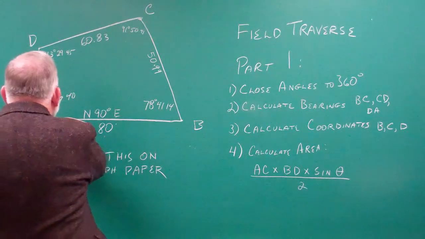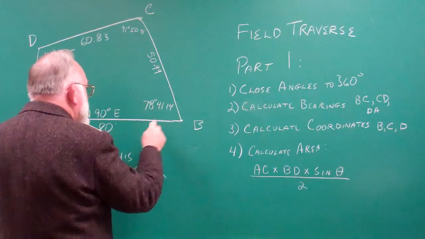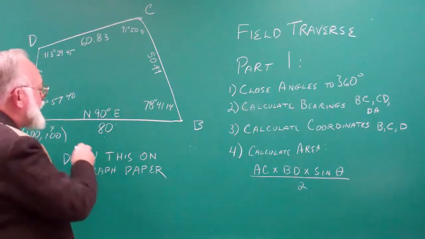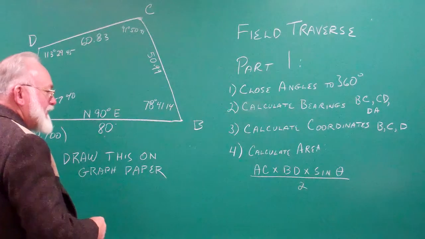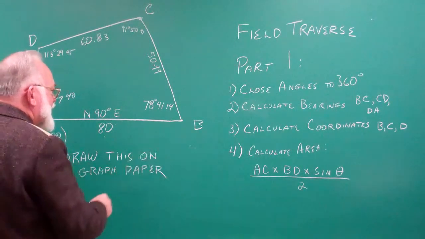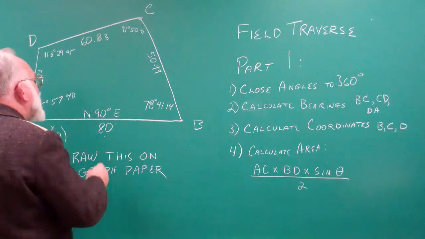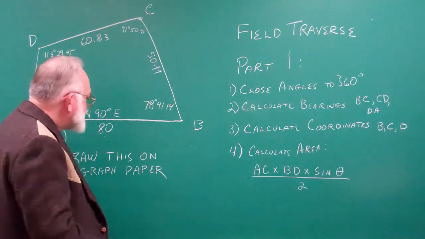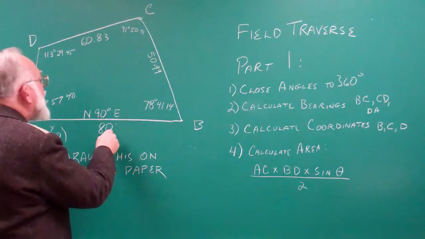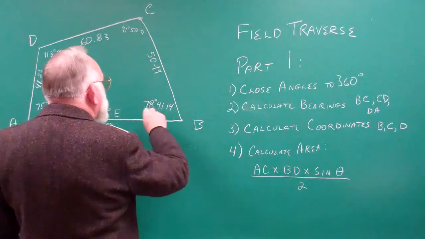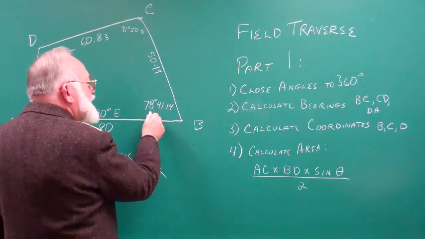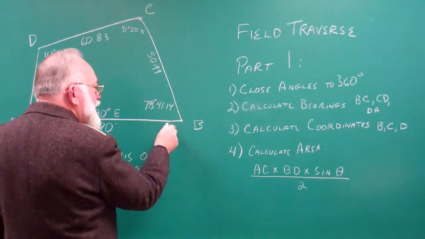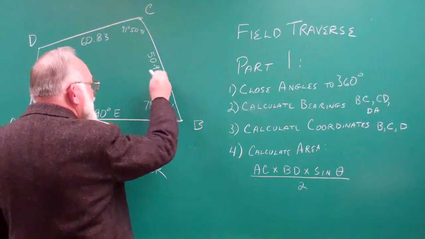So anyway, you've got this reference point, and you assign it due east because that's the bearing of the line that you're following out here, and you just call it north 90 degrees east. That's simple. It's due east, 80 feet. Set up there, turn this angle 78 degrees 41 minutes 14 seconds.